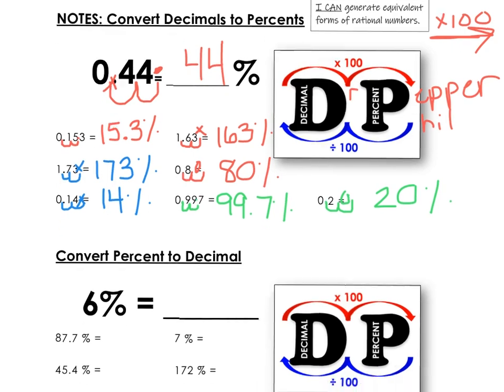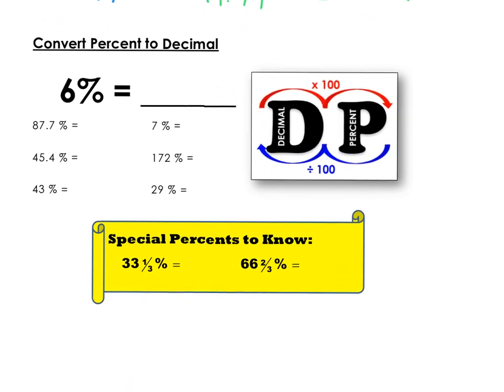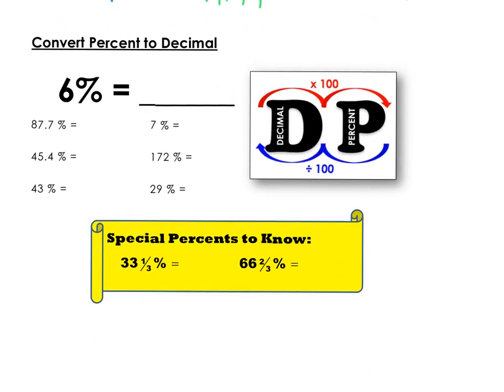Now we're going to look at it going the other way. We're now going to look at going from a percent to a decimal. So here we're going to still remember our Dr. Pepper or our Dr. Phil, okay?